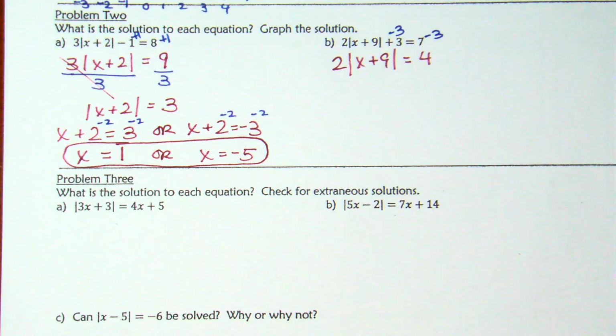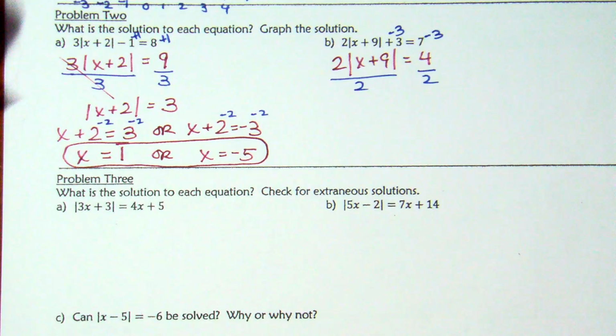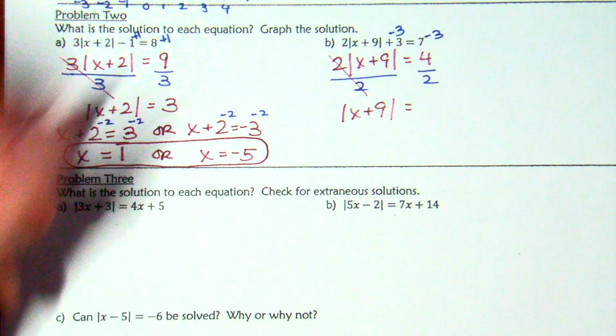Now what? Okay, it's 2 times the absolute value. So divide by 2. We divide one side by 2. We divide the other side by 2. What happens? 2's cancel. Absolute value of x plus 9 equals 4 divided by 2 is 2. Am I done?